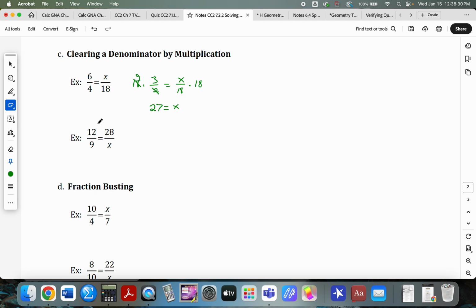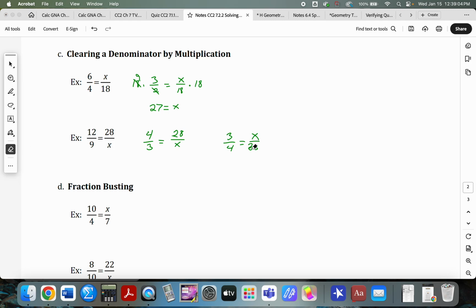Same idea for this one, 12 over 9. I'm going to reduce that to 4/3. With ones like this, I'm not crazy about the x being in the denominator. One of the things that you can do is take the reciprocal of both sides. Then 3/4 is equal to x over 28.